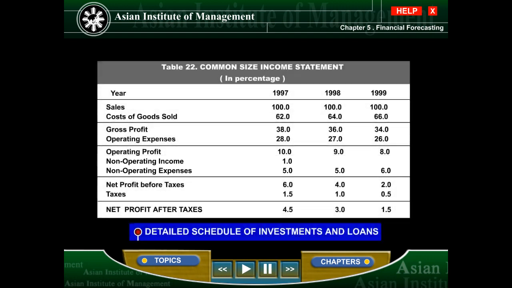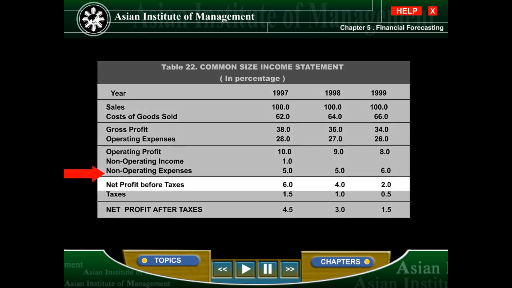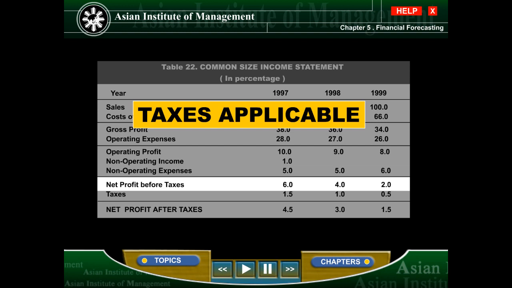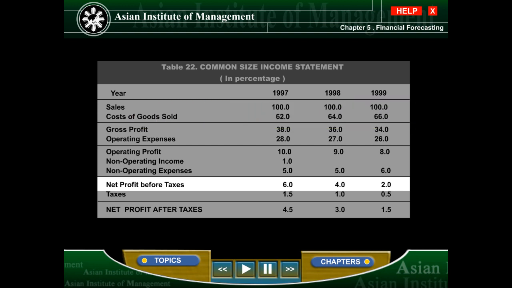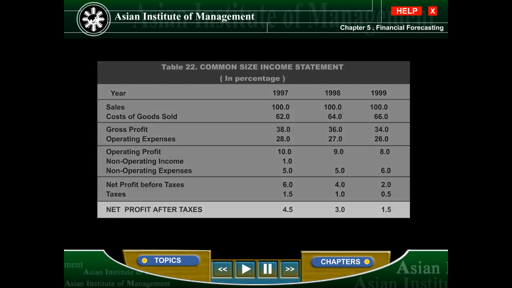A detailed schedule of investments and loans should be done for this purpose. After non-operating income is added and non-operating expenses are subtracted from operating profit, we are able to derive the net profit before taxes. The taxes applicable are then computed following government rules and regulations, and then subtracted from net profit before taxes to arrive at net profit after taxes.